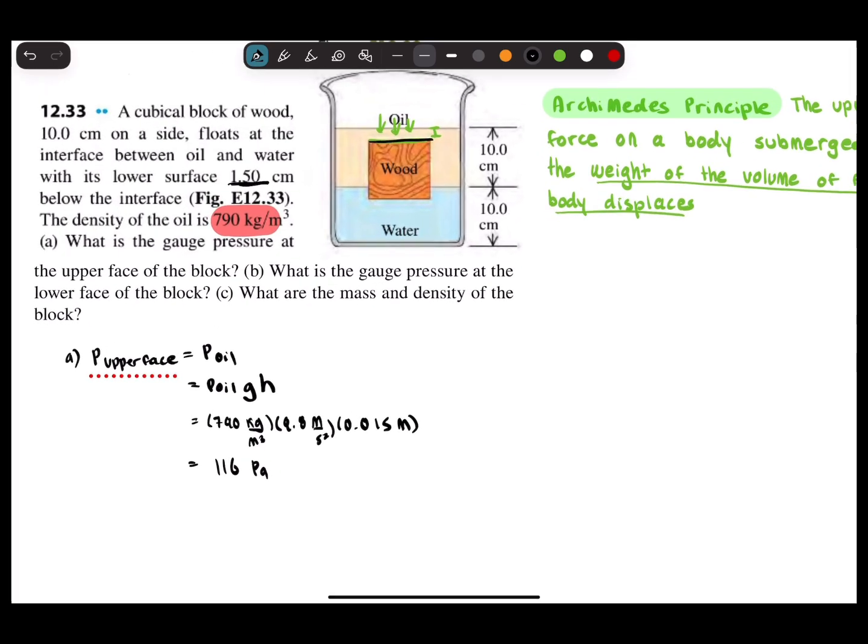Part B, what is the gauge pressure at the lower face of the block? So what I said before still holds here. The pressure at any point depends on the weight of the fluid above it.